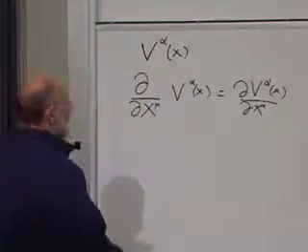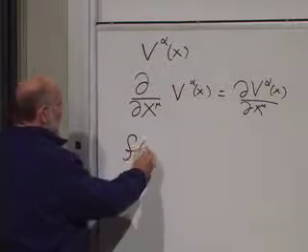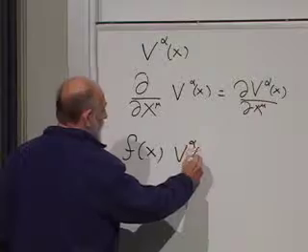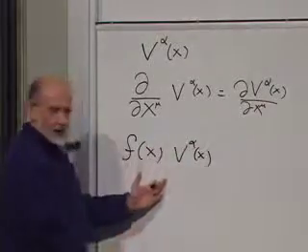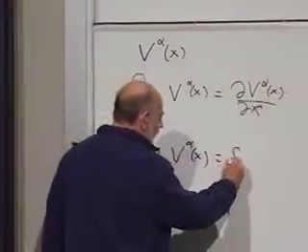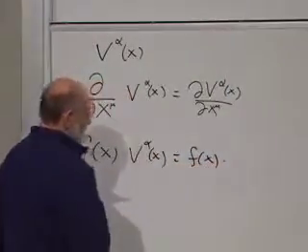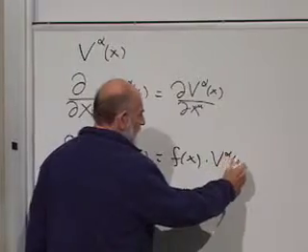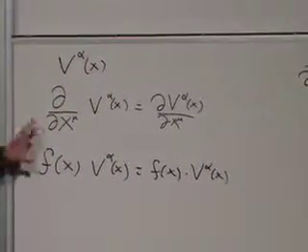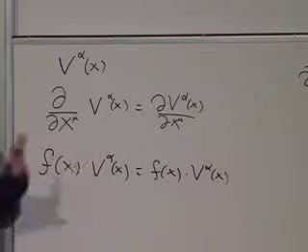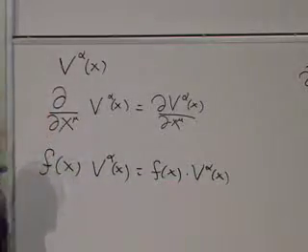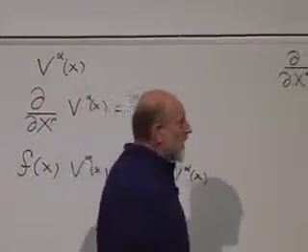So for example, applying f of x as an operator to V alpha of x just gives you f of x times V alpha of x. The dot is redundant, but I just want to distinguish f of x as an operator acting on V alpha of x. All it does is multiply. That's another example of an operator.